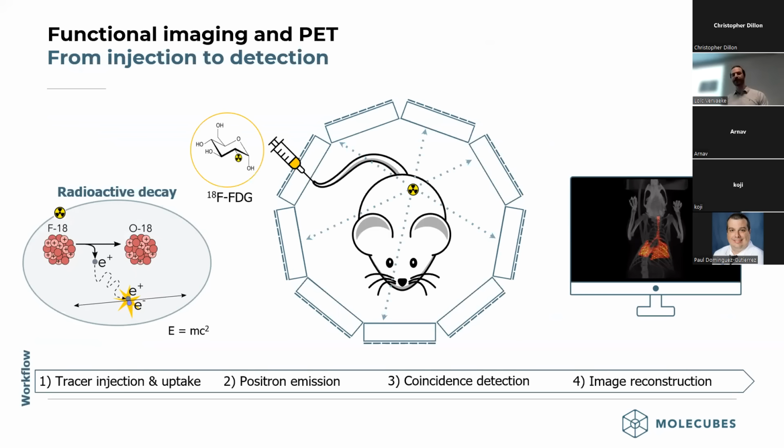So the exact way how it works is, as you have here on the left-hand side, this F18 isotope that I just mentioned before. Basically, there's a radioactive decay, and a little positron element splits off from the element, and the F18 will decay to an oxygen atom. And then this positron will annihilate with an electron.